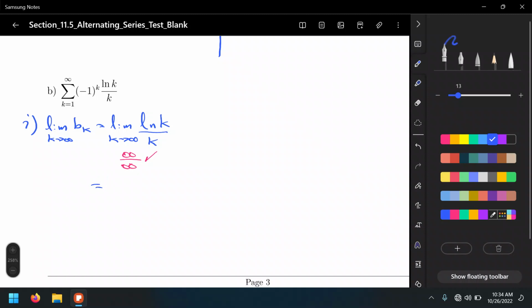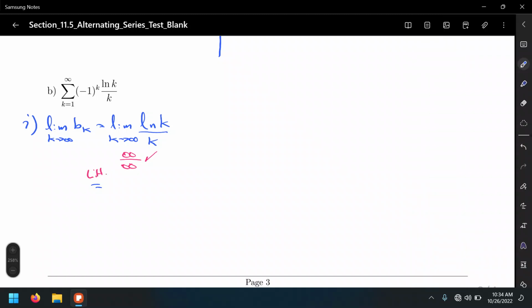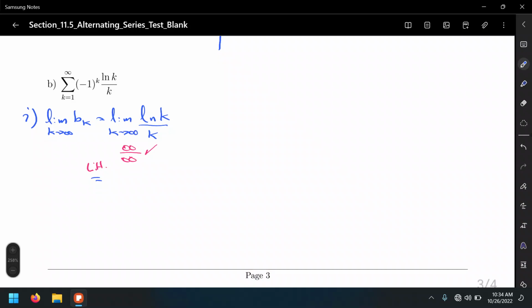in this case, we can use L'Hopital's rule, which I'm going to abbreviate as LH, just to indicate that we're using it. The way L'Hopital's rule works is the derivative of the numerator divided by the derivative of the denominator. It's not the quotient rule.